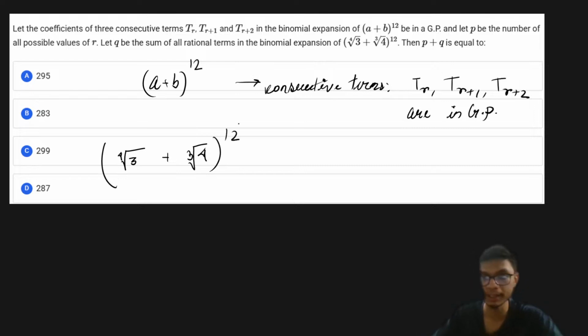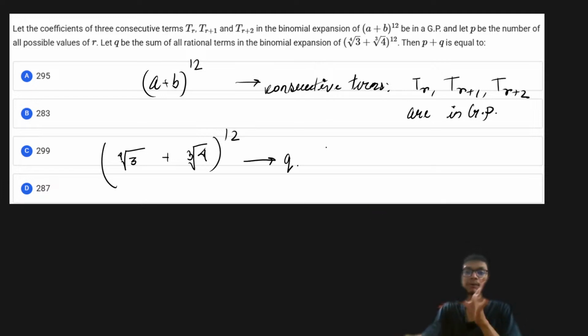So you have to find Q, the sum of all the rational terms in the binomial expansion. So it is two questions. First you have to solve for the first part, from which you will get the value of the unknown P, and from the other part you will get the sum Q. Then once you get P and Q, you just have to report the value of P plus Q. Alright, so please try to solve this.